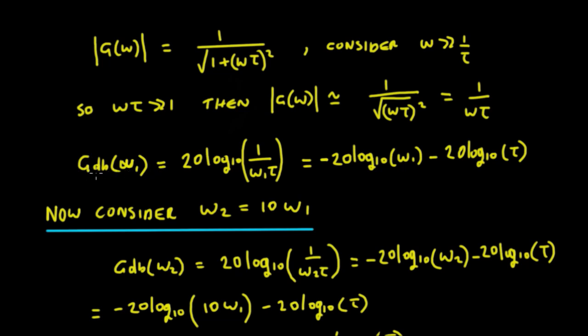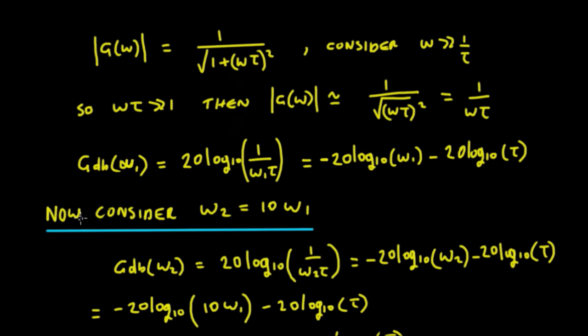So if we have the gain in dBs, for some value omega 1, it's going to be equal to 20 log to the base 10 of 1 upon omega 1 tau. Now if you remember your logarithms, that's going to be equivalent to minus 20 log to the base 10 of omega 1 minus 20 log to the base 10 of tau.